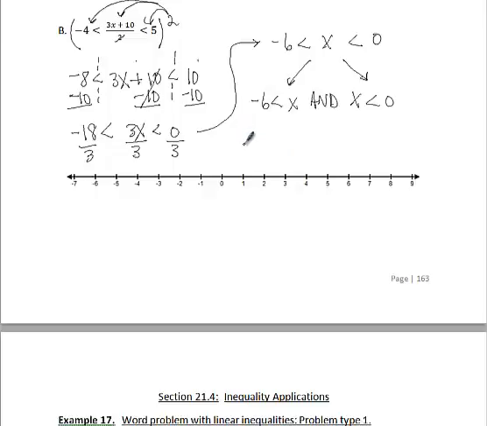Okay. Do these overlap? Well, let's plot the first inequality, and we go to a negative 6 and we put an open dot. Okay, and we want numbers greater than. With respect to the x, the inequality opens up towards the x, so I want x greater than, or to the right.